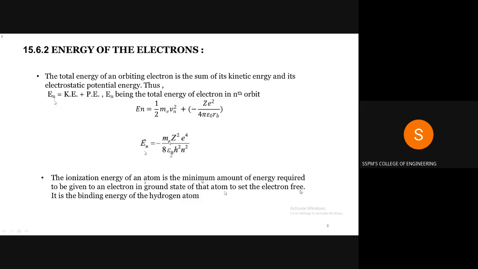It means that in order to make the transition to jump into space, we have to provide energy in the form of photons. It is the binding energy of the hydrogen atom, where Z equals 1. Okay?